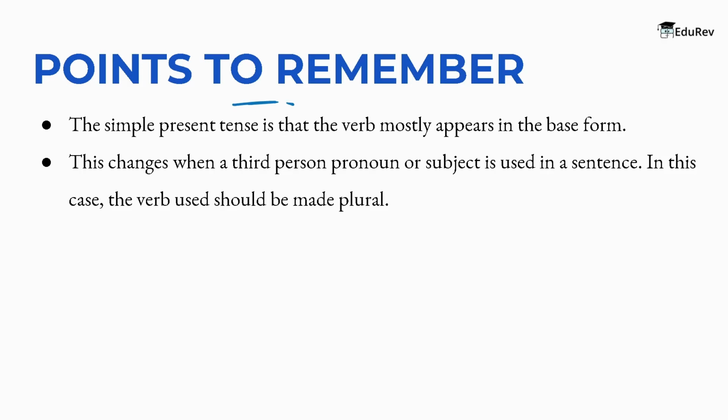So the first thing you should understand is that the verb mostly appears in its base form. So the verb will mostly appear in which form? In the base form. And this changes when a third person pronoun or subject is used in the sentence. In that case, the verb used should be what? The third person singular form. I hope you have understood everything we have discussed about the simple present tense.